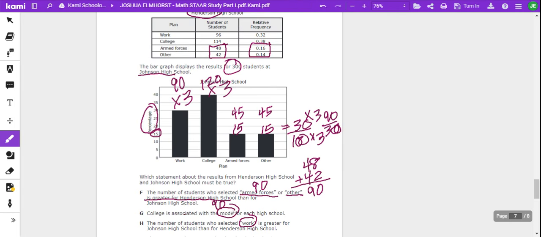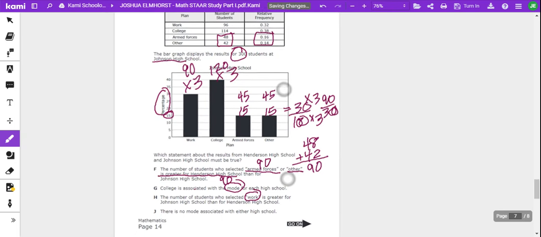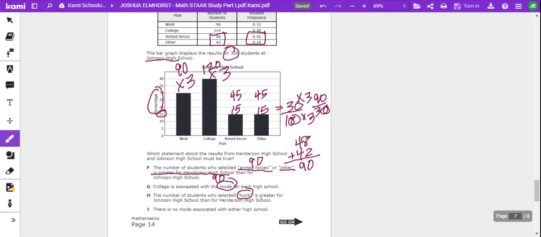It does look like college is associated with the mode for each one. So it is not greater for Johnson High School. This one's 90, this one's 96. There is no mode associated with either school. So I believe the mode, college, is the most popular, the most selected for each one. I believe G would be the correct answer.